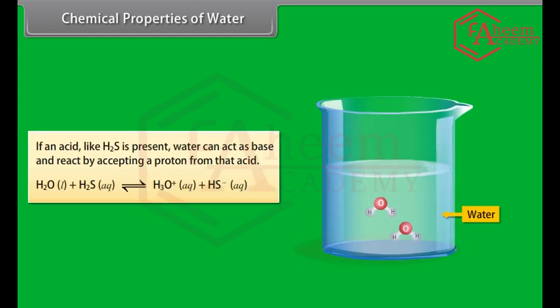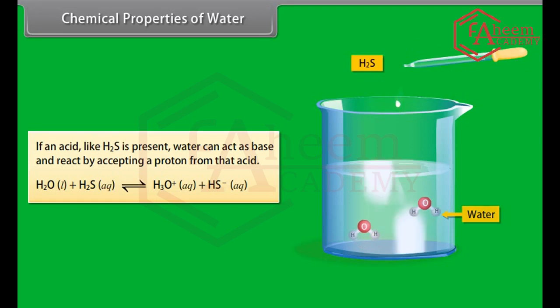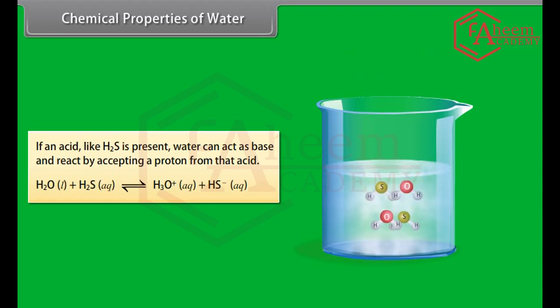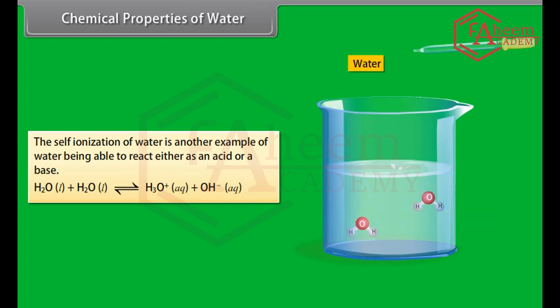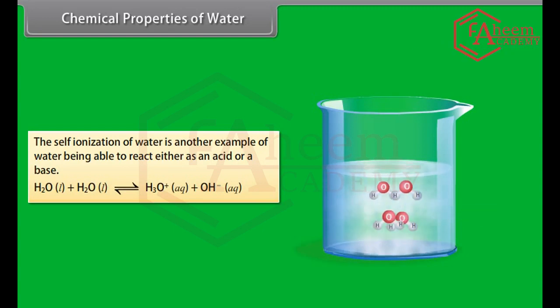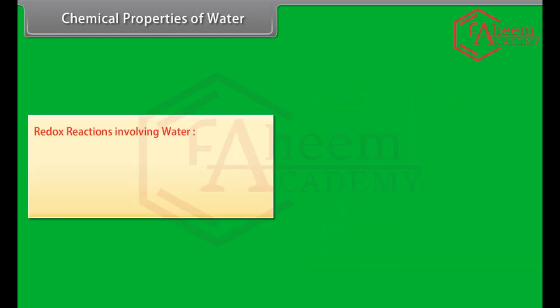If an acid like H2S is present, water can act as a base and react by accepting a proton from that acid. The self-ionization of water is another example of water being able to react either as an acid or a base.